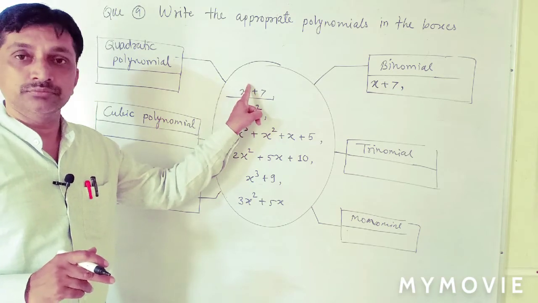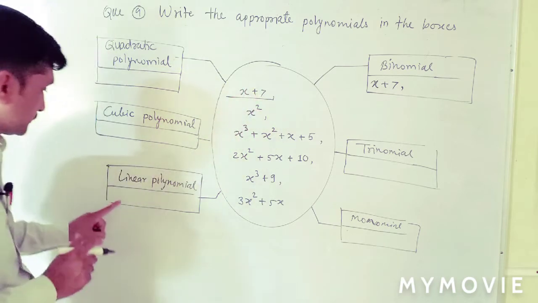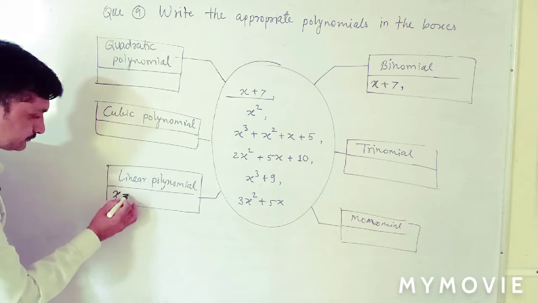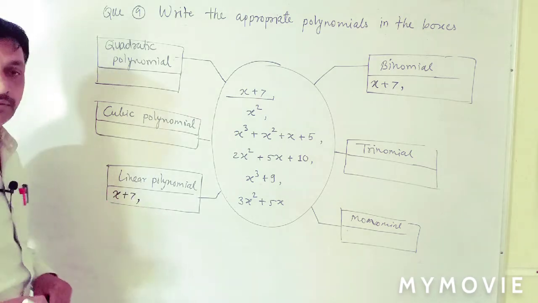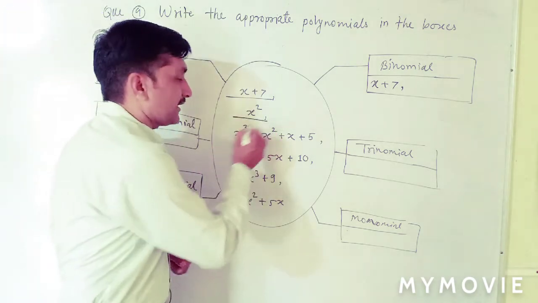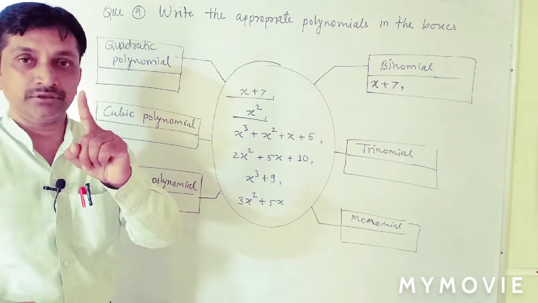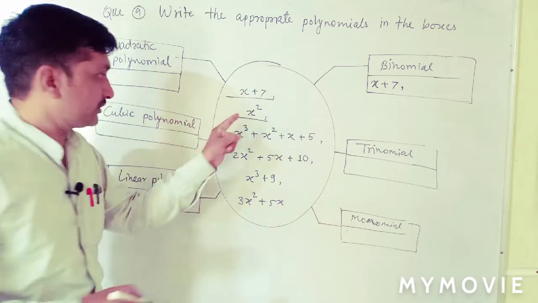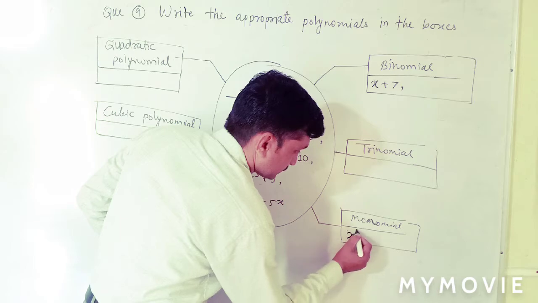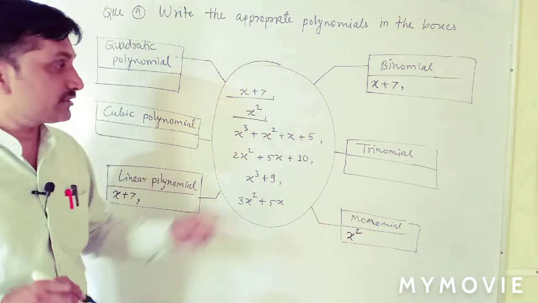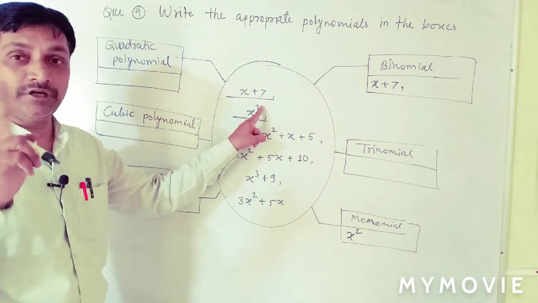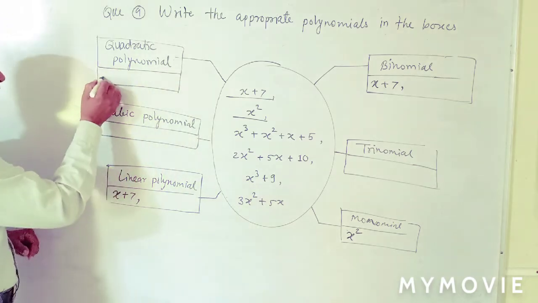Degree is 1. That's why linear. It will come here. Second, x square. How many terms? 1. One term, monomial. x square. What is the degree? 2. Degree 2 means quadratic. It will come here.